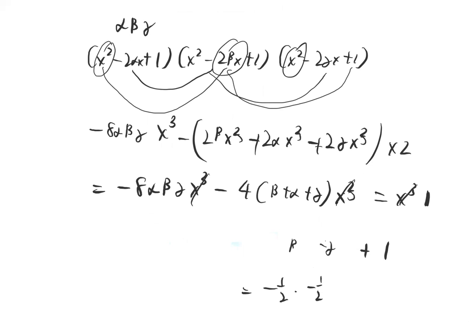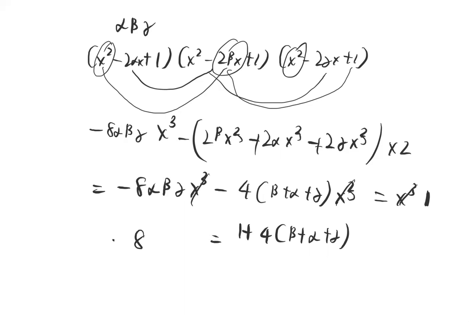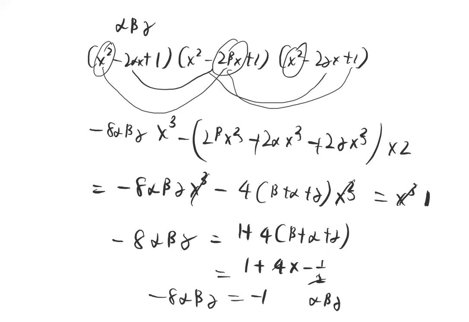This is a bit annoying. I made a mistake. Sorry about that. So basically what we have here is 1 plus 4 beta plus alpha plus gamma. This is negative 8 alpha, beta, gamma. And 1 plus 4 times negative a half, which is negative 1. This is negative 8. So alpha, beta, gamma will then be 1 over 8. And this is it.